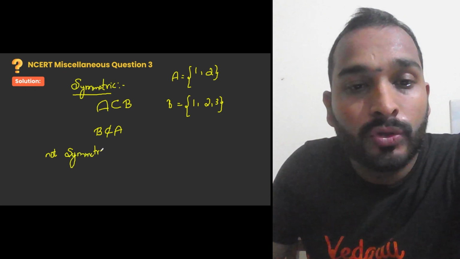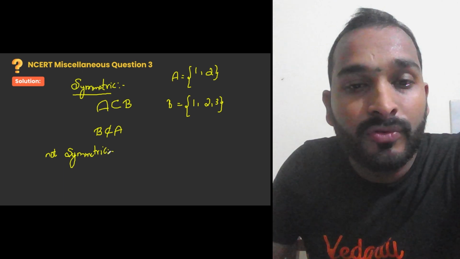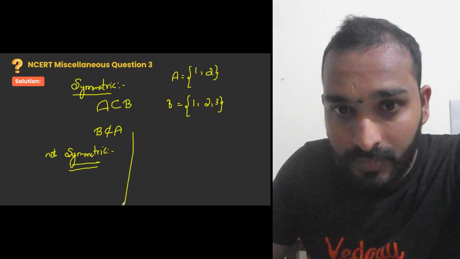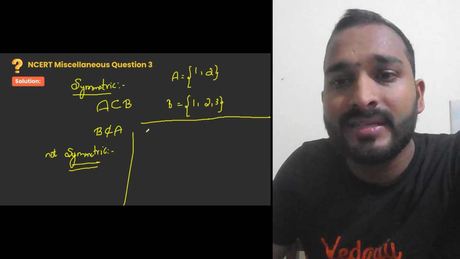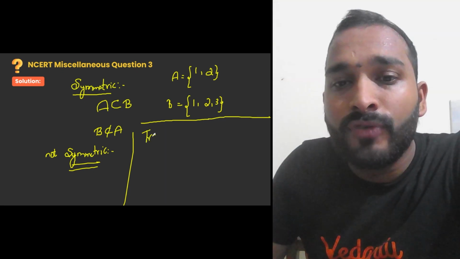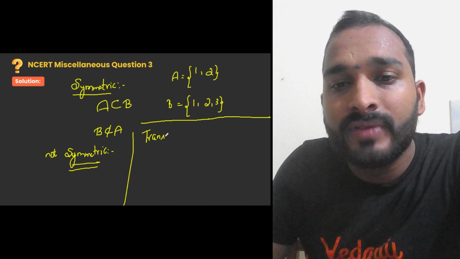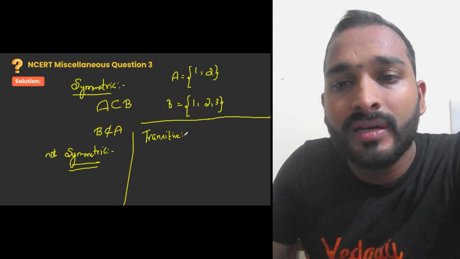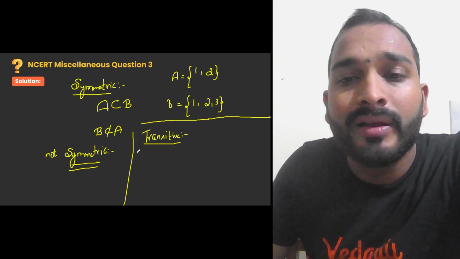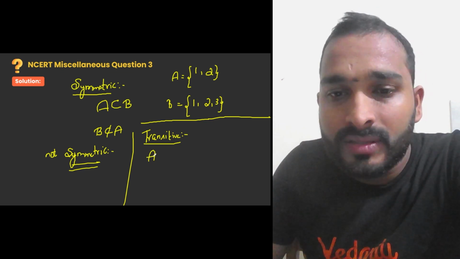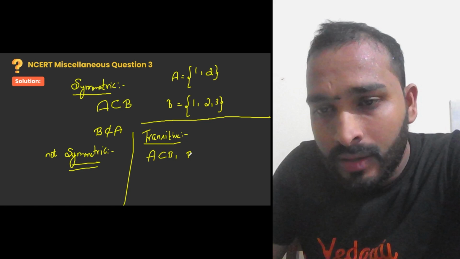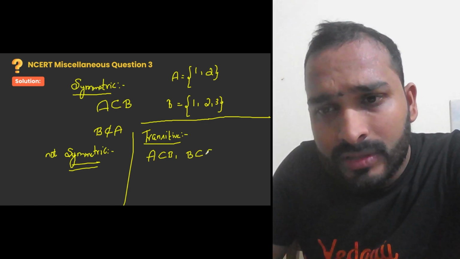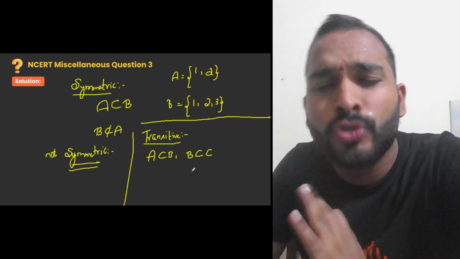Now let us go for the transitive condition. Is this relation transitive, children? If a relation has to be transitive, then if A is related to B and B is related to C, A also should be related to C. So observe this, if A is a subset of B, and B also is a subset of C, do you agree that all the elements of A should also belong to set C?